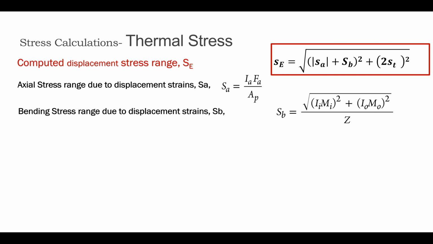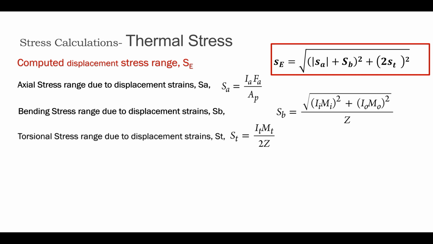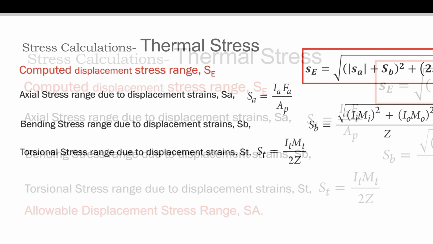ST is the torsional stress range due to displacement strain, and ST is equal to IT MT over 2Z, where MT is the torsional moment range between any two conditions being evaluated, Z is the section modulus of the pipe, and IT is the torsional stress intensification factor.